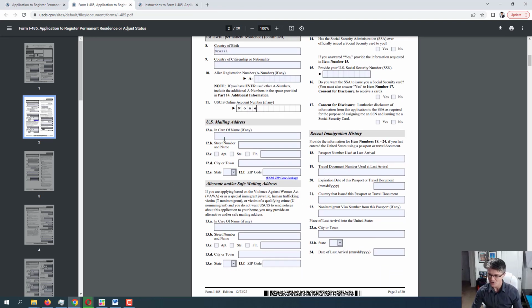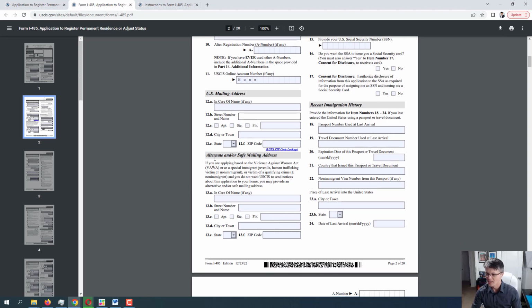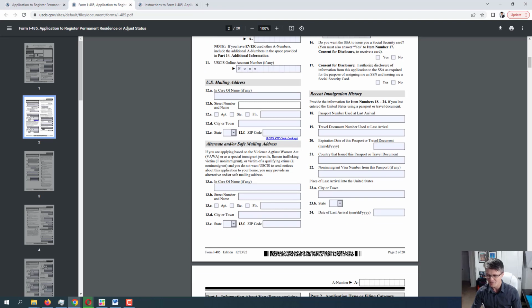US mailing address. All right, so this is going to be the address where you're receiving all your mail. In care of, for who, obviously, most likely it's going to be you yourself, or whoever you want this mail to be addressed to. Obviously, I recommend it to be addressed to you. Obviously, the address itself. Alternate and or safe mailing address.